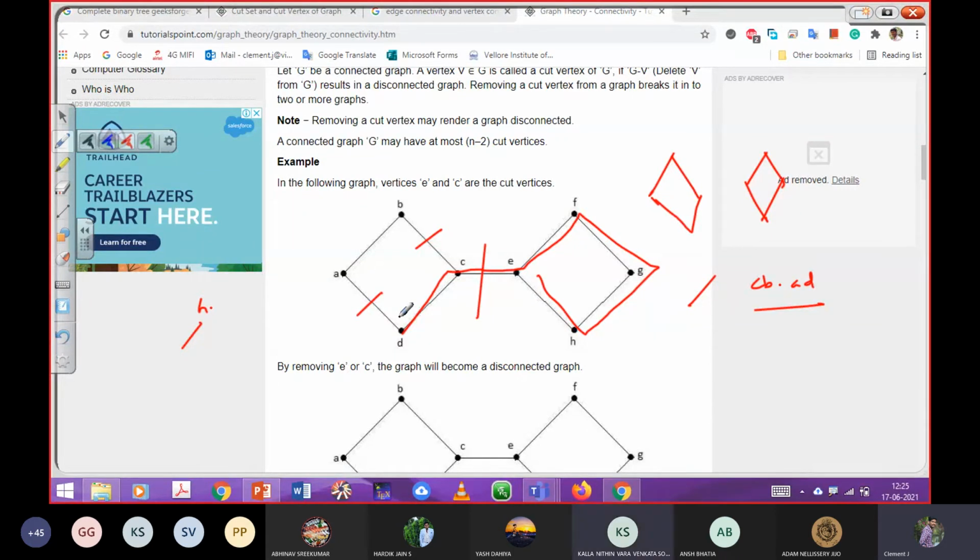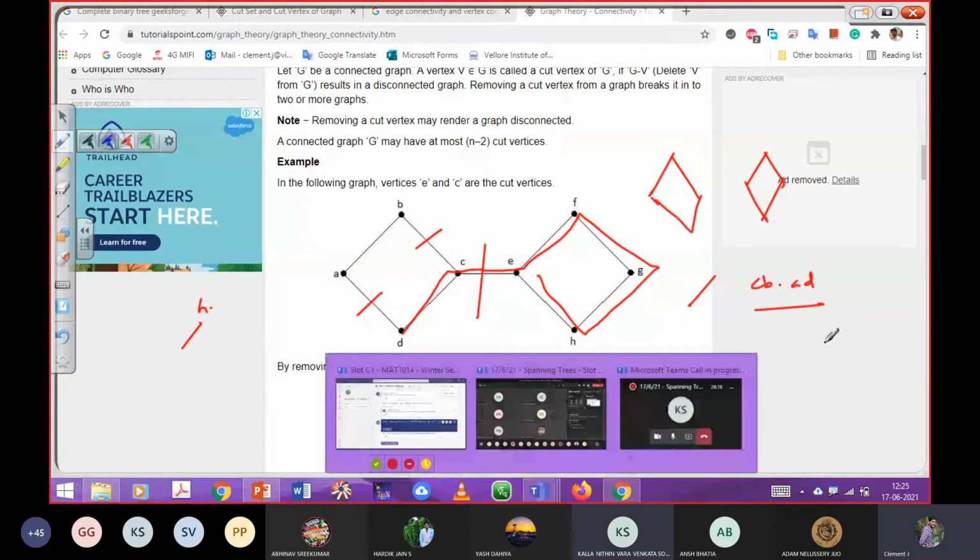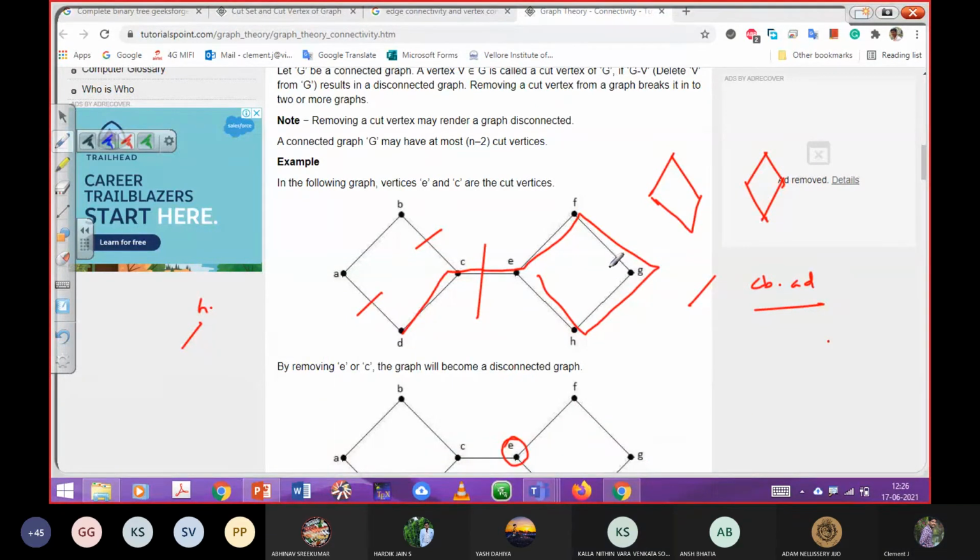Now let us enter into another definition, cut vertices. Yes, tell me. Can we remove FG and HG? Not a problem, FG and HG, yes, you are allowed. At that time one component will be G, and the remaining will be in exactly this shape.